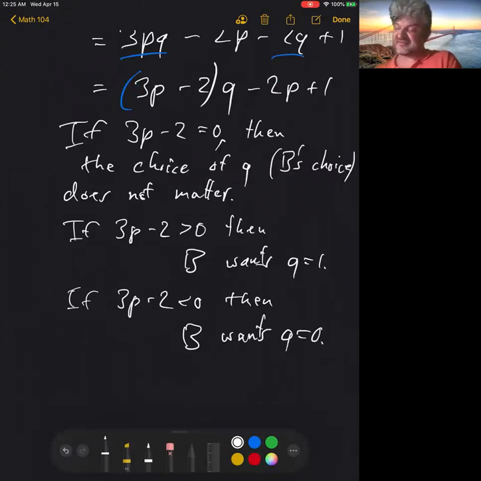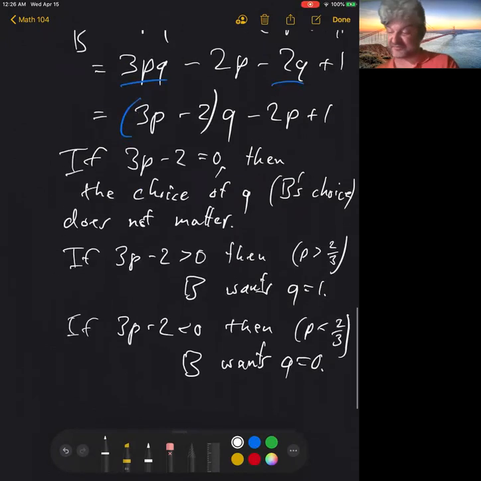And those two things happen. The first one happens when P is greater than 2/3. And the second thing happens when P is less than 2/3. And the top is when P is exactly equal to 2/3.